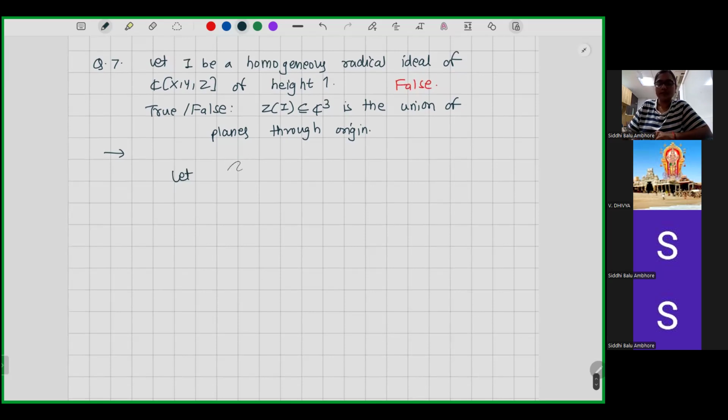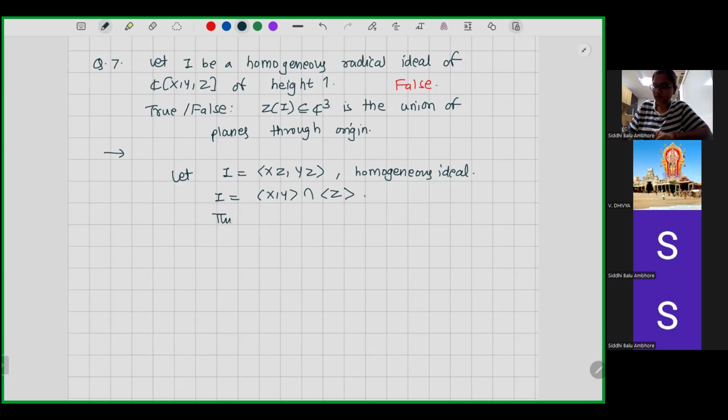So let I be equal to, not always, but in most of the cases, xz comma yz. This is a homogeneous ideal, both of degree 2. And we can also check that this is a radical ideal, because I is what? It is x comma y intersection z.